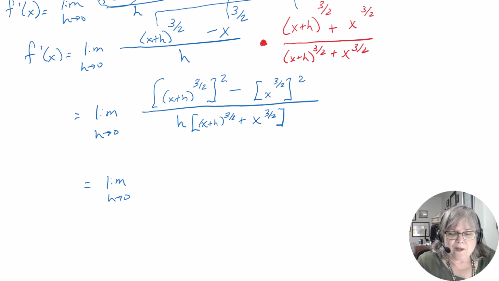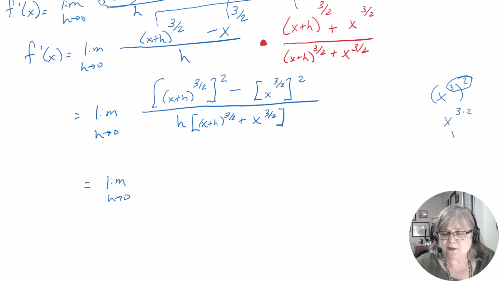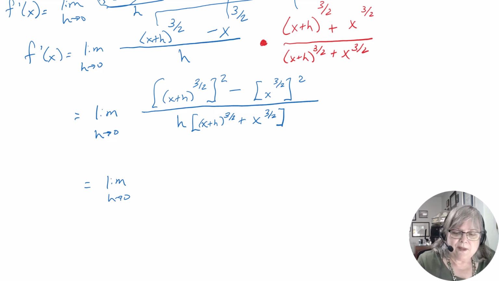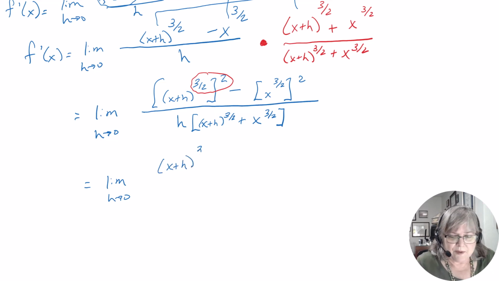When you take powers and you have something like x cubed squared, these two multiply, and you have 3 times 2 is 6. Remember that from your basic properties of exponents? So these two are going to multiply, and 3 halves times 2, you can think of it as 6 halves, or the 2's cancel, and this is going to be x plus h cubed.